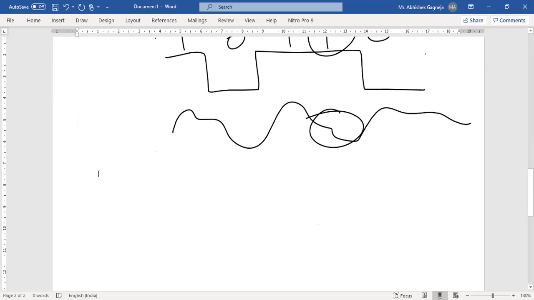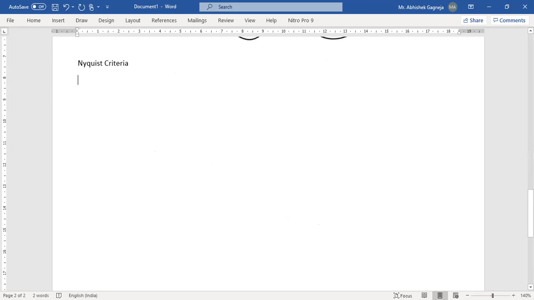Hence comes in the contribution of the scientist Nyquist. So Nyquist published a criteria regarding intersymbol interference, and the rule of Nyquist was that to avoid intersymbol interference, there are two conditions that need to be satisfied.